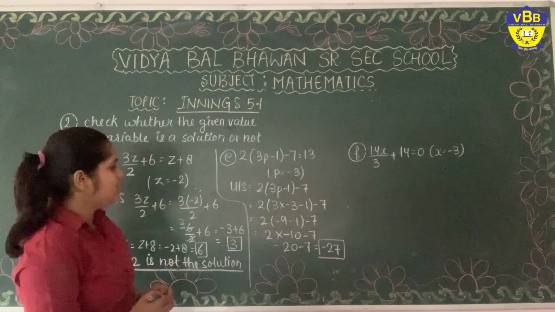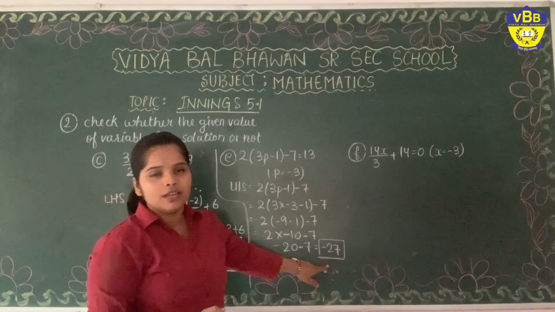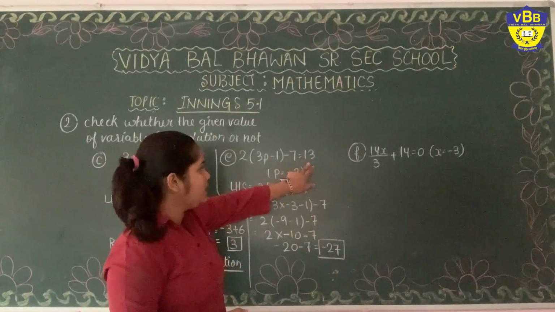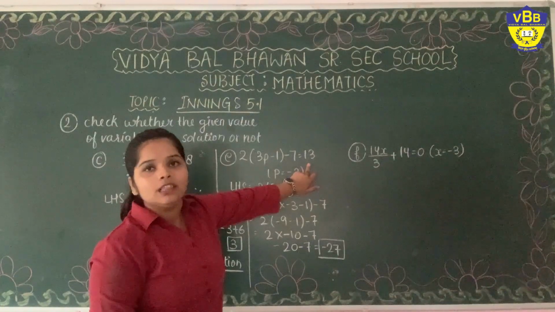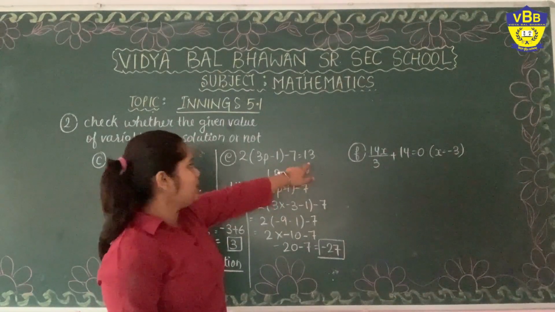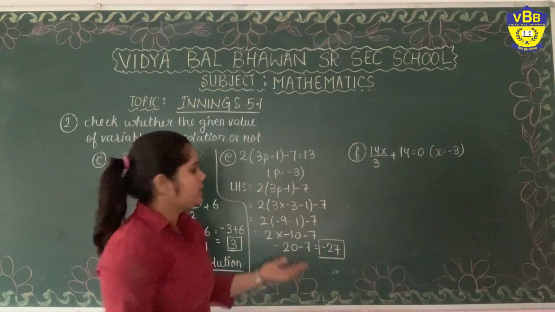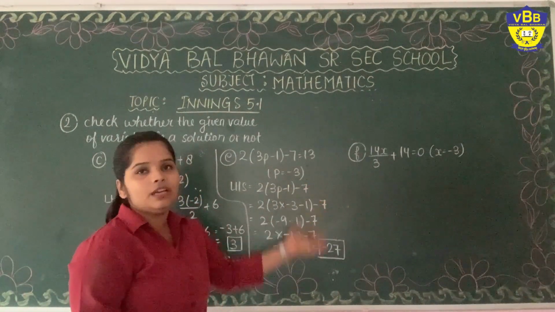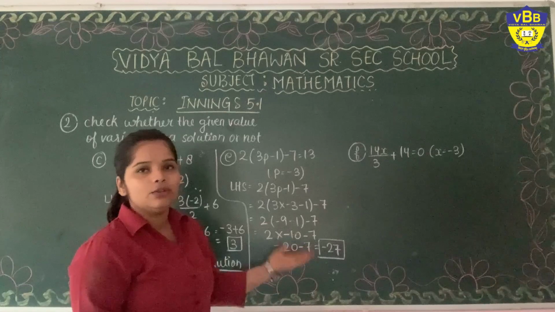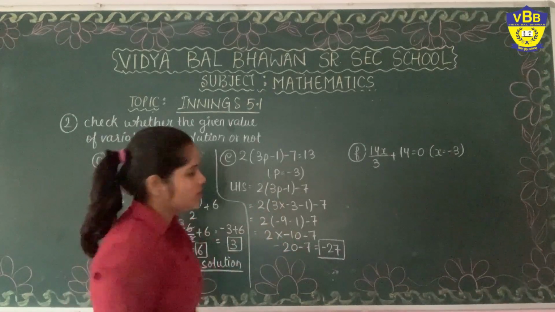This is the value of LHS. Solve RHS. What is it? RHS is 30. LHS and RHS are again not equal. If it is not equal, that means the value is not satisfying the equation.